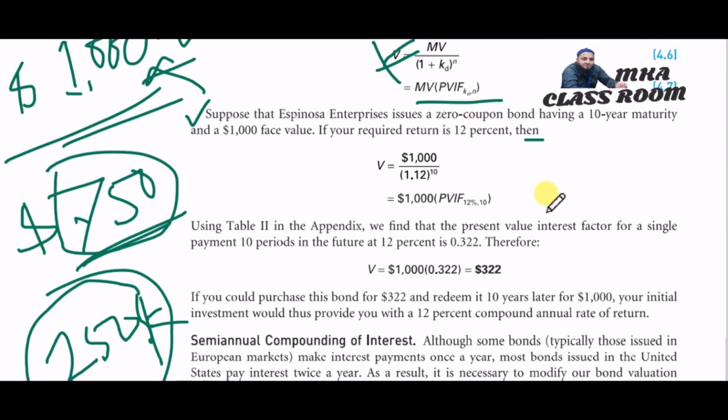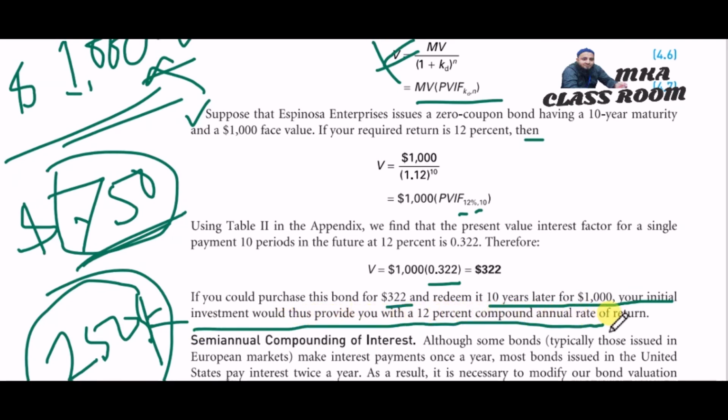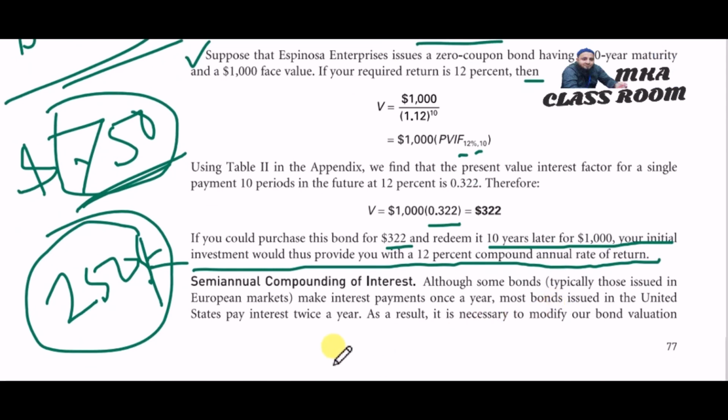So the present value interest factor of a single payment at 12% for 10 periods is determined in this way. So PVIF 12%, 10 years, this is the value. If you could purchase this bond for 322 and redeem it 10 years later for 1000, your initial investment would thus provide you with a 12% compound annual rate of return.